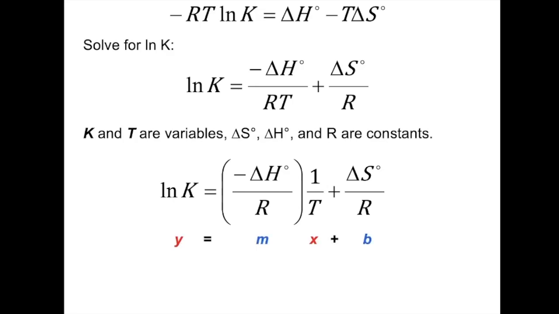Y equals mx plus b, okay? What that means now is I have a linear relationship between my y value, ln k, and my x value, 1 over t. So if I plot ln k on my y, 1 over t on my x, I can now extract these two. What is this one called?